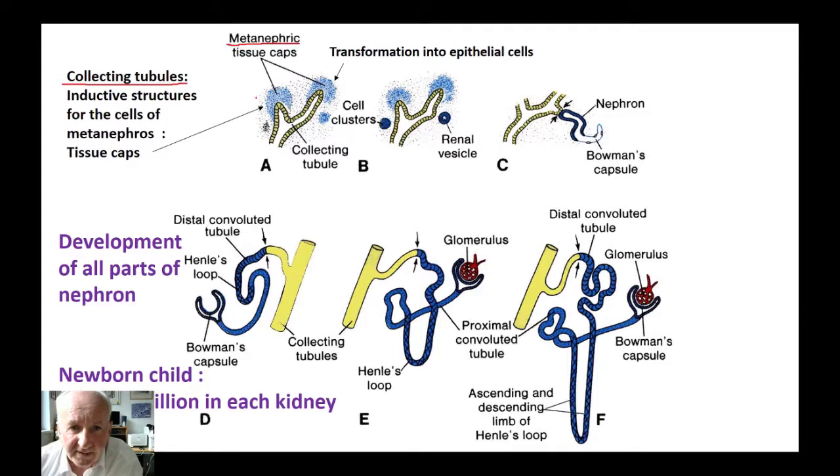Has to happen a transformation into an epithelium, because now is still missing all four parts of the nephron, and the nephrons will develop from those metanephric tissue caps, from this. So the collecting tubules are the real inducting structures for the development of the nephron.